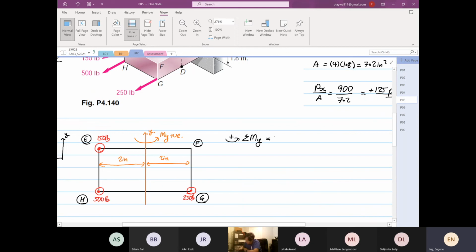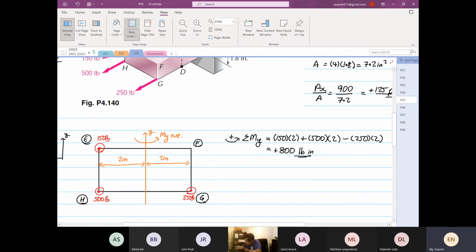So it's positive 150 multiplied by 2, plus the 500, which is in the same direction, multiplied by 2, minus the 250 multiplied by 2. That is equal to 800 pounds-inches positive.